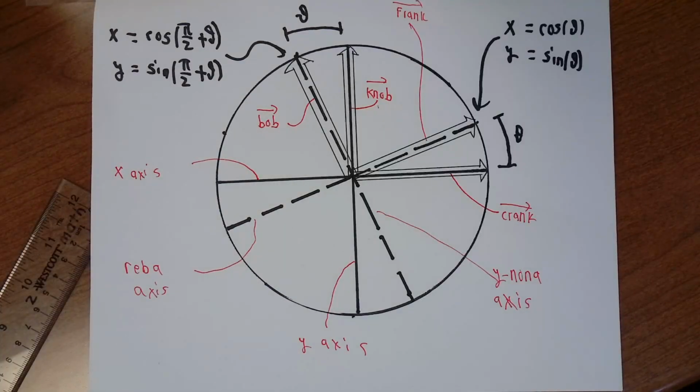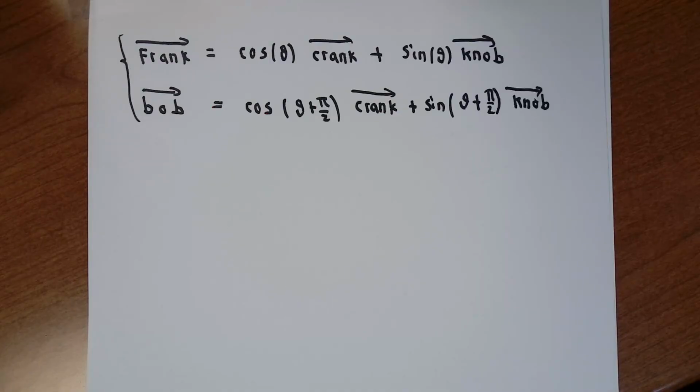We are now in a position to turn your crank to Frank, also to turn your knob to Bob. Vector Frank has known components in terms of i and j. Likewise, along the Winona axis, we find vector Bob.